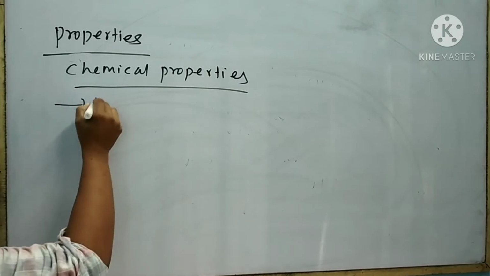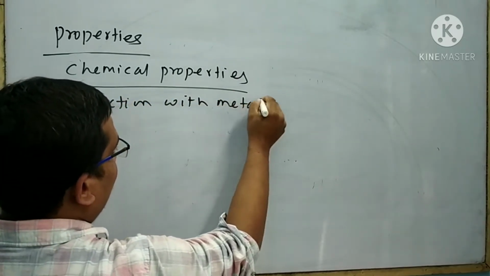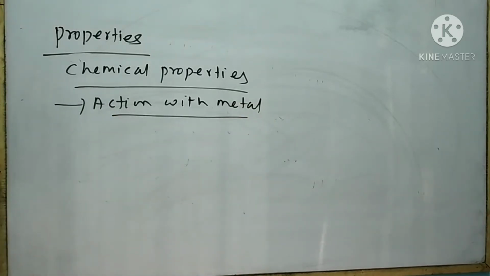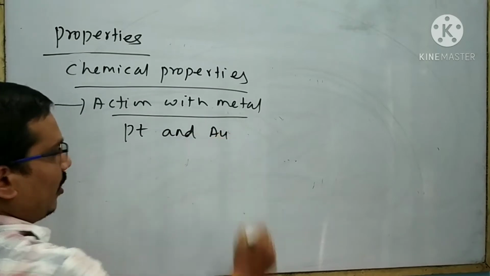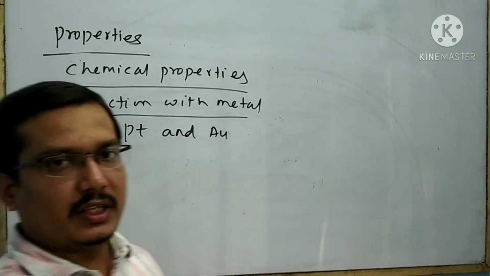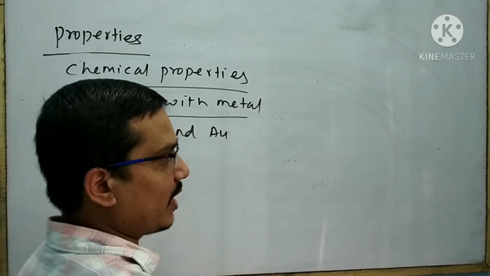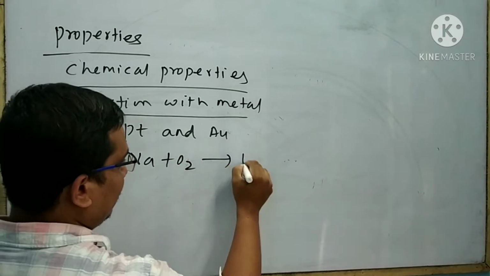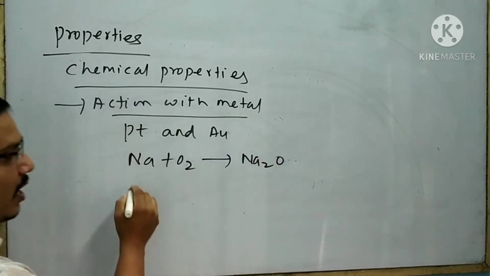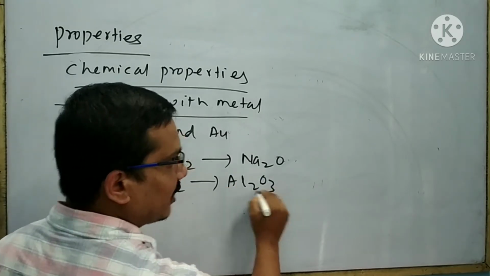First is action with metals. Except platinum and gold, oxygen can react with other metals to form the corresponding oxide. For example, sodium plus oxygen gives sodium oxide. Aluminium plus oxygen gives aluminium oxide.